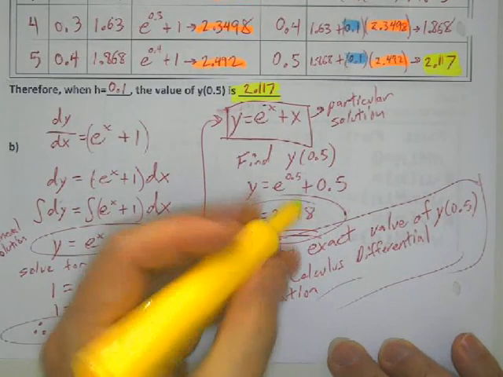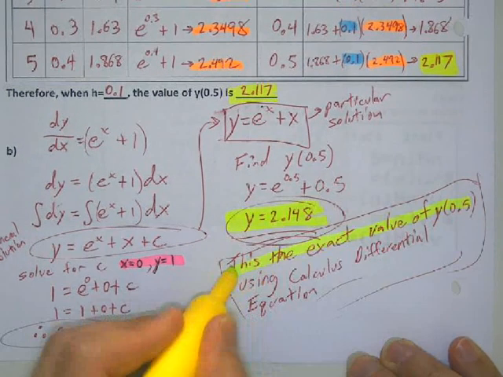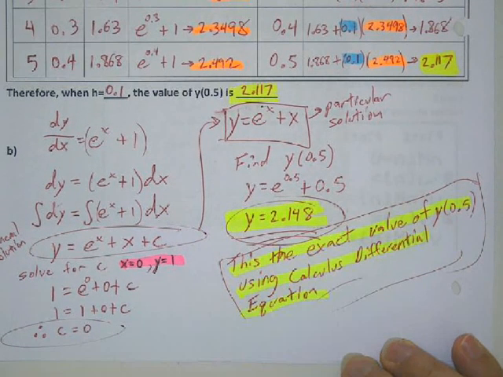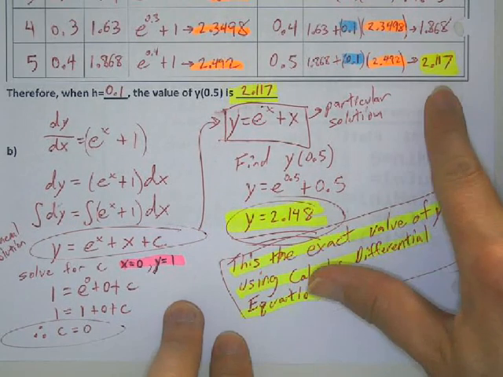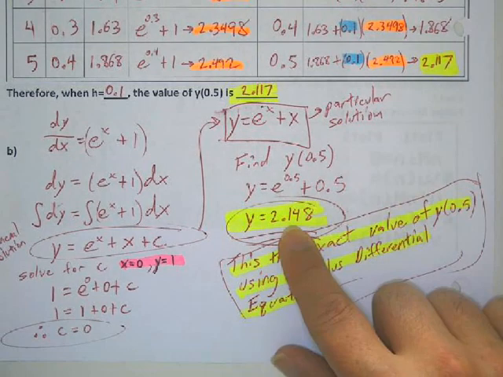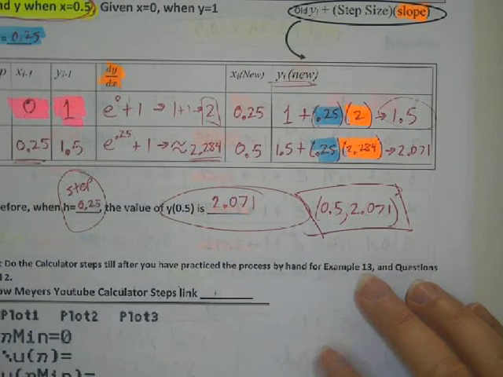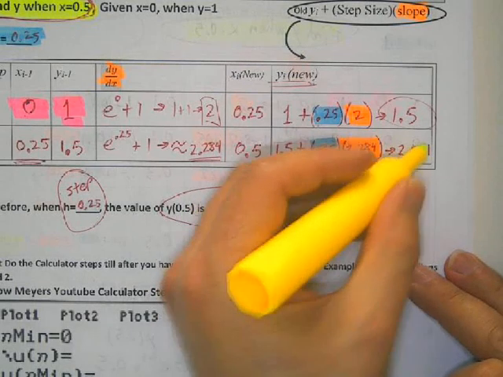Now let's make a comparison. When I had a step of 0.1, we got this answer. When we did it exactly, we got this. It's kind of close. And on part I, our answer was 2.071.